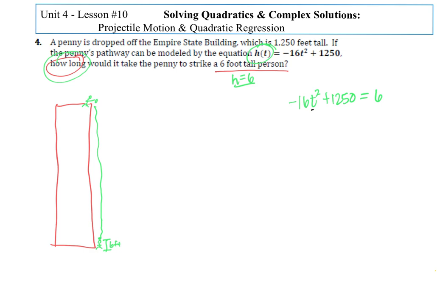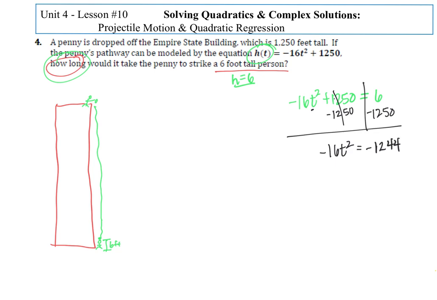Now again, there are lots of different solving methods here, but because we have a t squared and not a regular t, we are missing the b value, which means that we can use our square roots method, which means isolate t squared, get it by itself. So let's subtract 1250 from both sides. We have negative 16t squared is equal to 6 minus 1250, which will be negative 1,244.